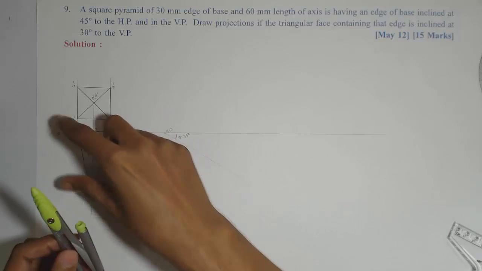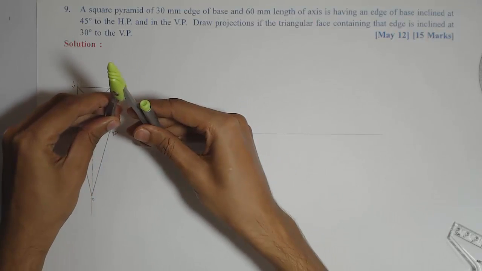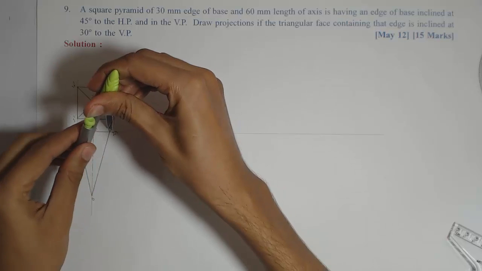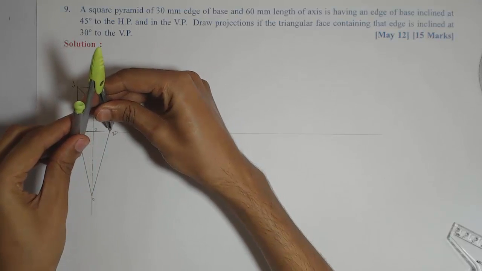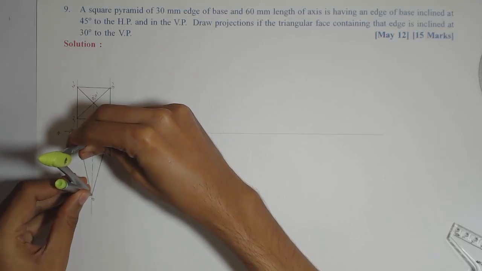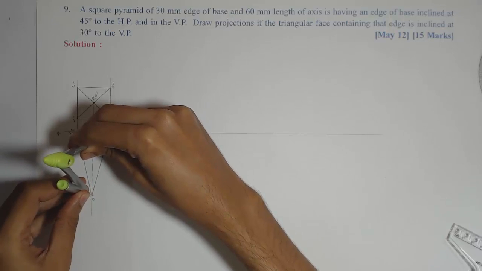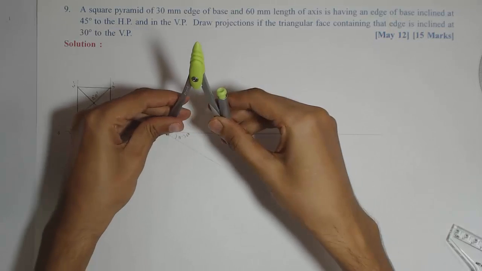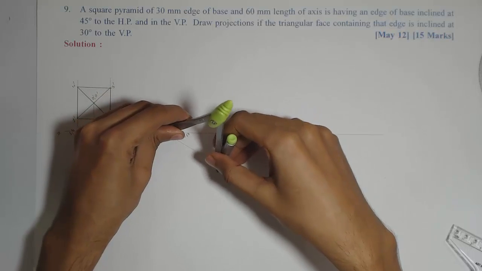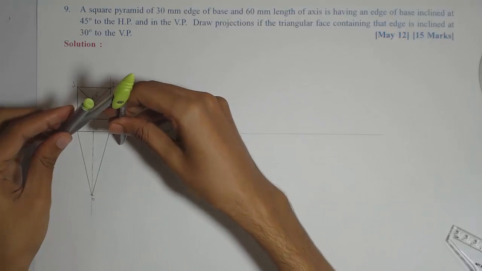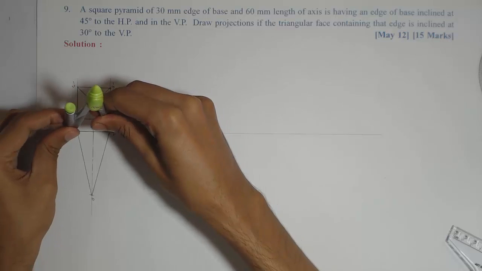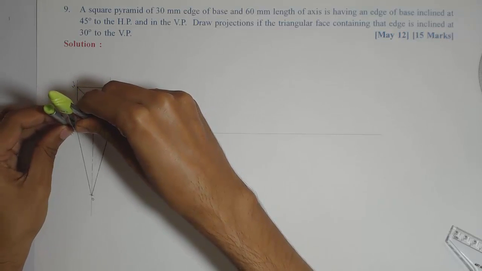So now we'll complete this triangle, marking the distances. So from 2 3 we know the apex distance. So we'll mark along that triangular face inclined line. Then 2 to 3 again we have 1 to 4, which is a base.